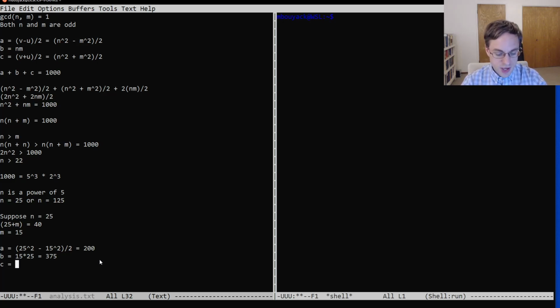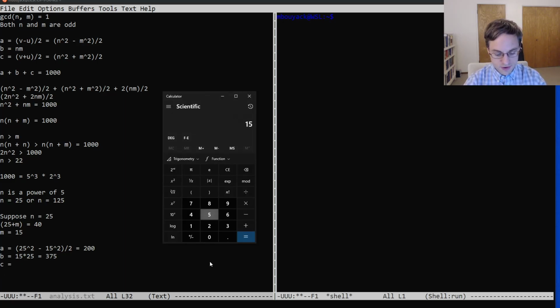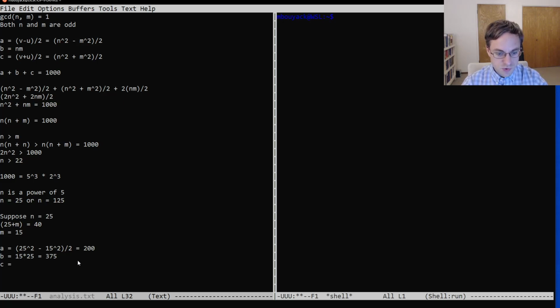And finally, we have c is the sum of the squares, n squared and m squared, divided by 2. And so that's 15 squared plus 25 squared divided by 2, which is 425. Excuse me, I should write this out for completeness' sake. There we go.